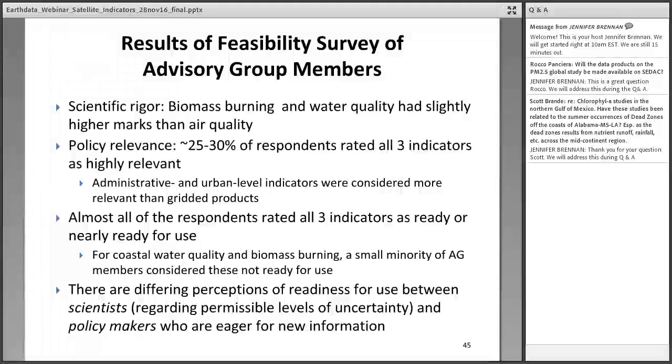So in terms of the advisory group feedback, what we found was that they found that biomass burning and water quality had slightly higher marks than air quality for scientific rigor.